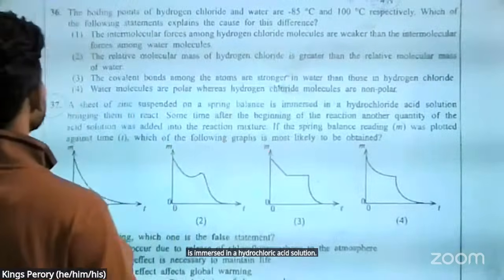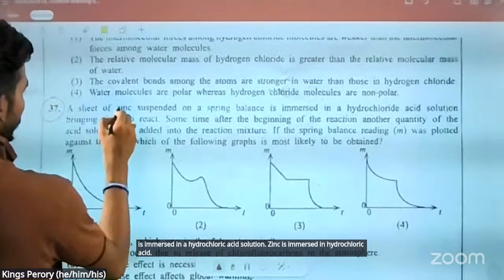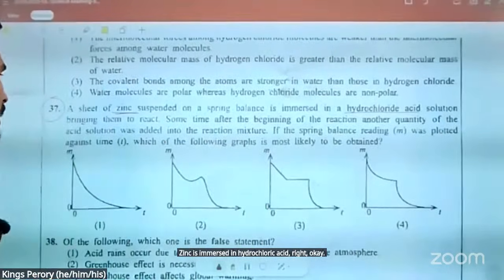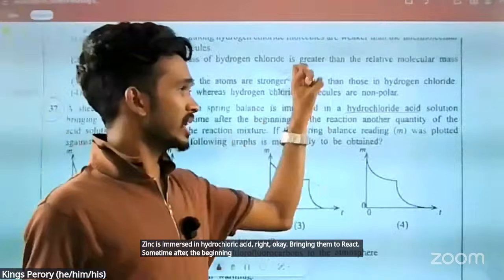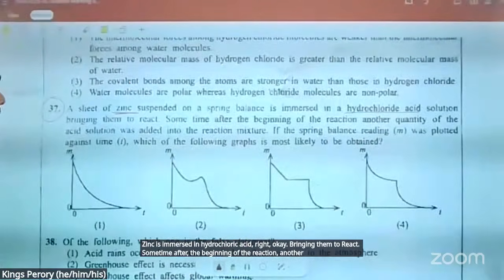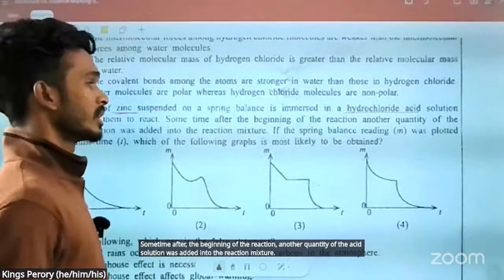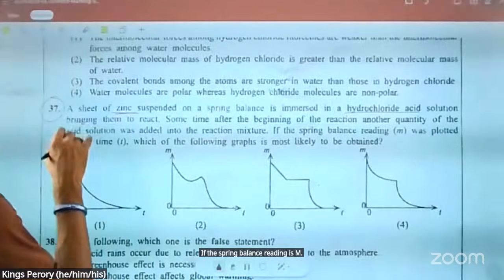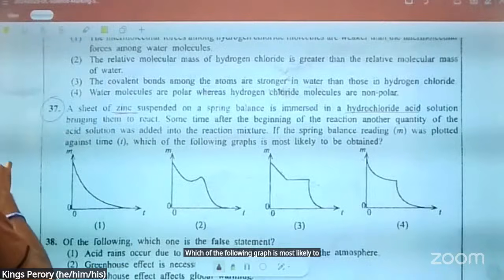Sometime after the beginning of the reaction, another quantity of the acid solution was added into the reaction mixture. If the spring balance reading M is plotted against time t, which of the following graphs is most likely to be obtained?